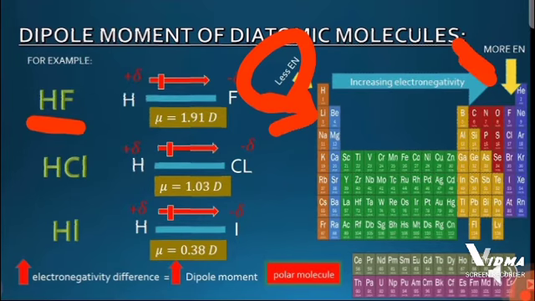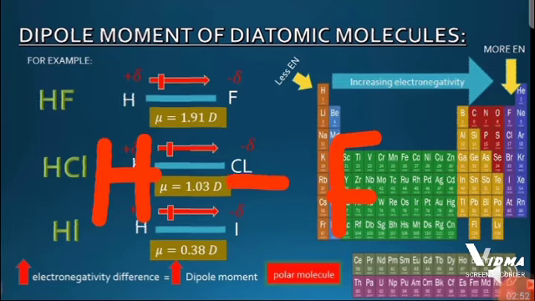As fluorine has more electronegativity than hydrogen, it is going to attract the shared pair of electrons between hydrogen and fluorine in the bond. The two electrons in this bond will move towards fluorine, the more electronegative element.